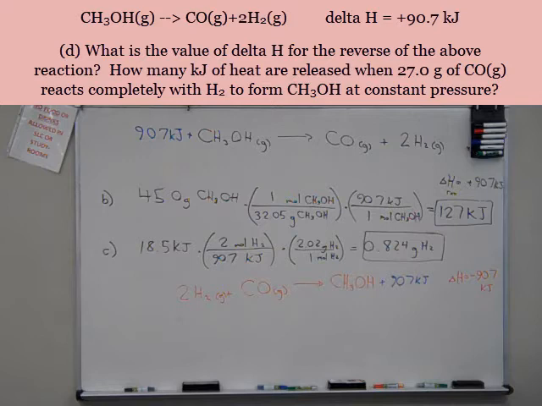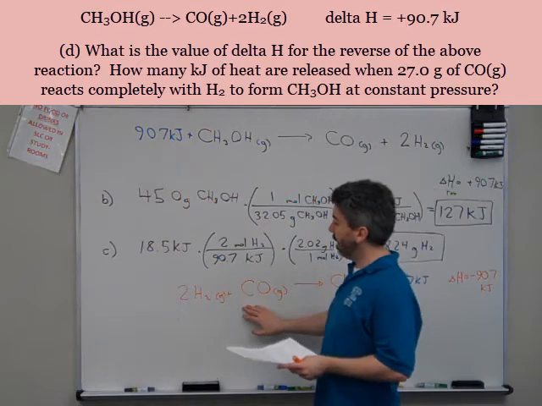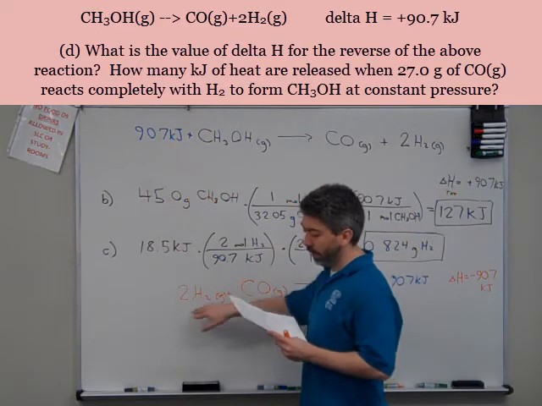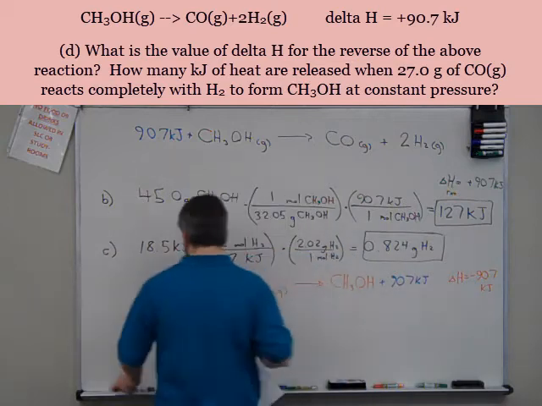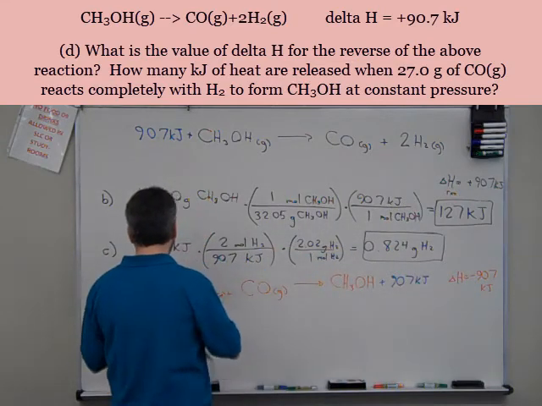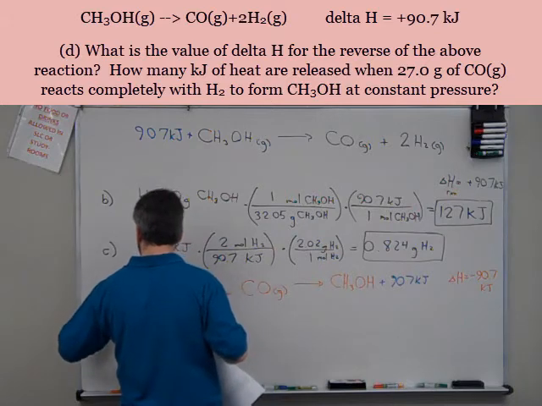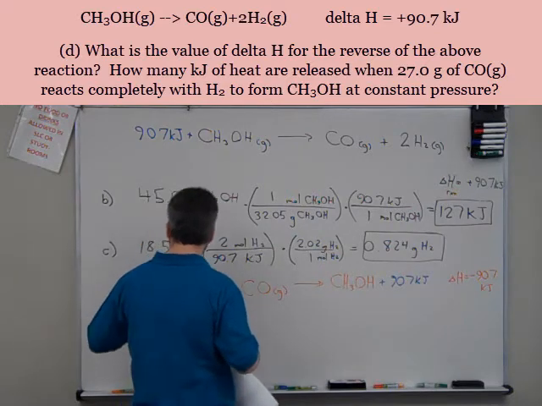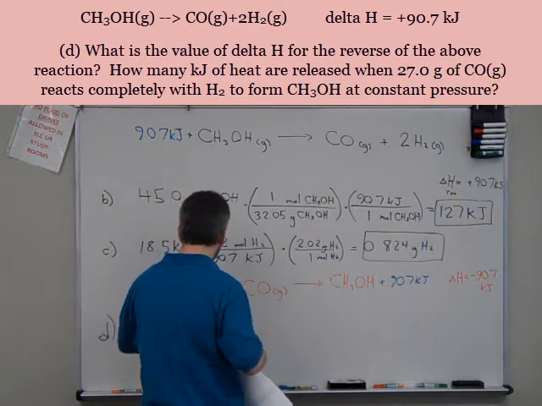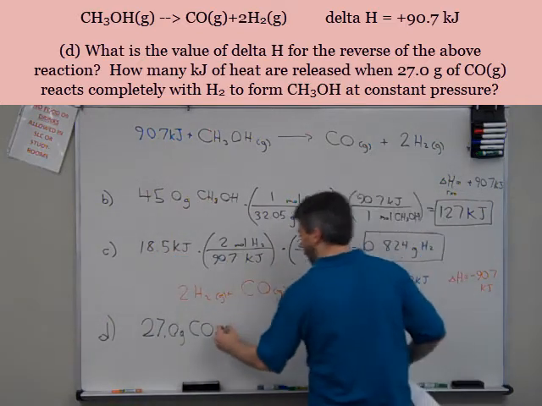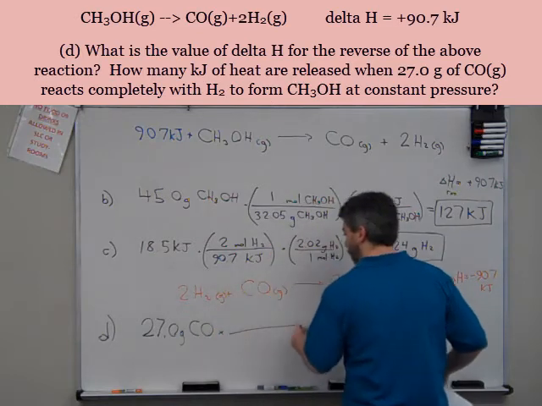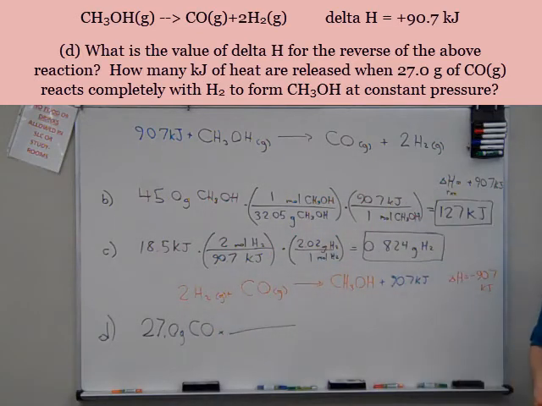So now, it says, how many kilojoules of heat are released when 27 grams of carbon monoxide reacts completely with H2? So here, I'll take my 27.0 grams of CO, and I will set up my conversion factor. What goes on bottom?